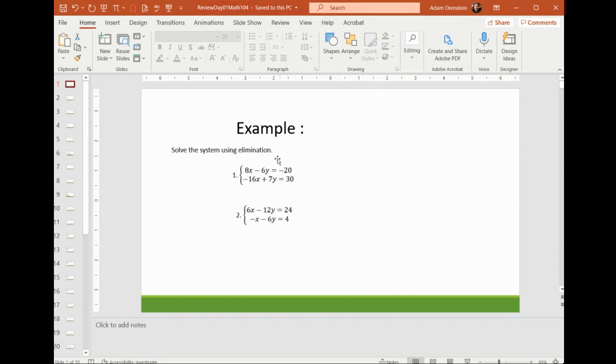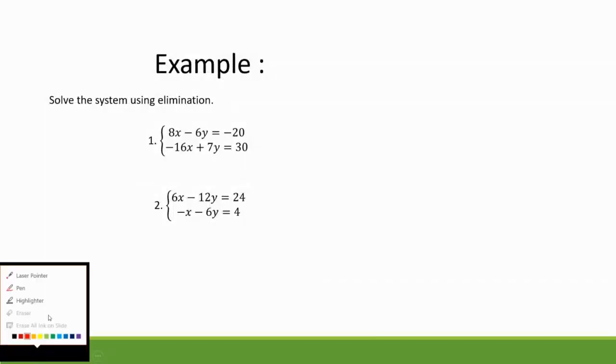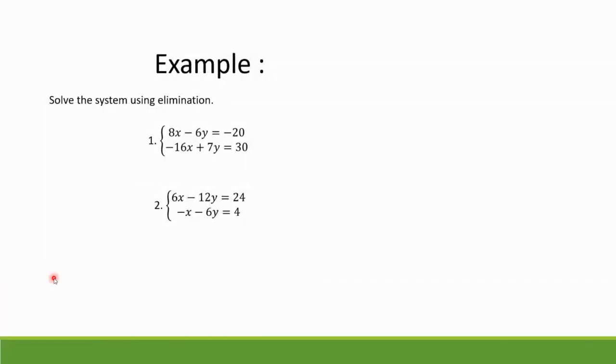All right, but here we have these two examples that I want to solve using elimination. So let's solve this here using elimination, okay? So remember, with elimination, what you want to do is somehow eliminate a variable.